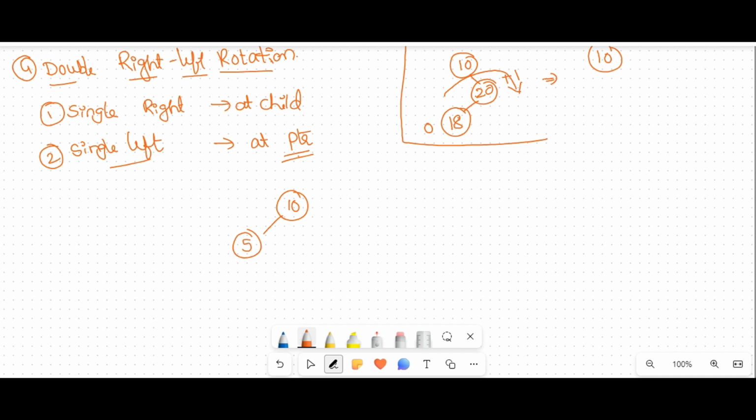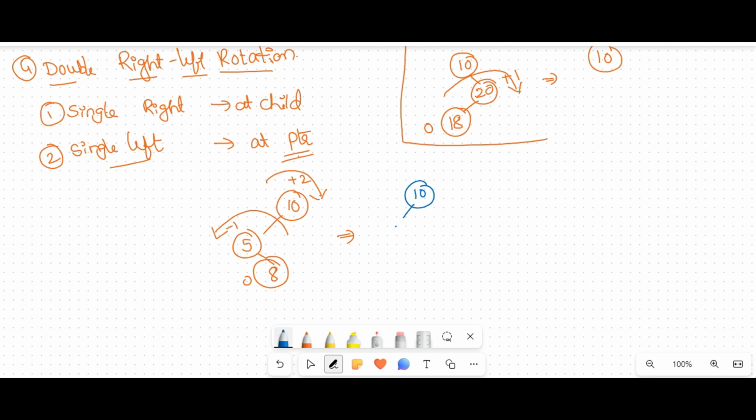Now 8 you have inserted. So now single right rotation and then single left rotation. Here the property failed: 0, minus 1, plus 2. So first apply single right rotation.